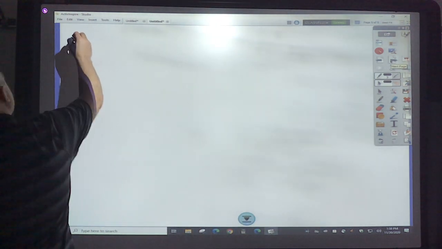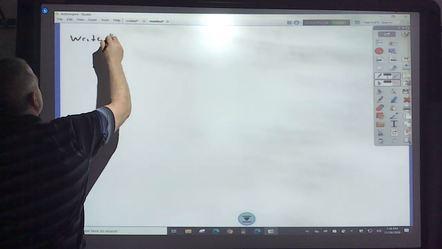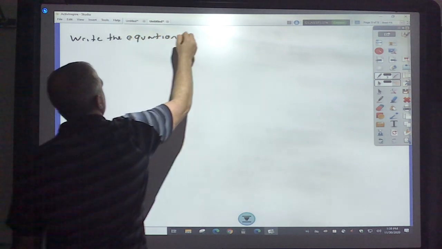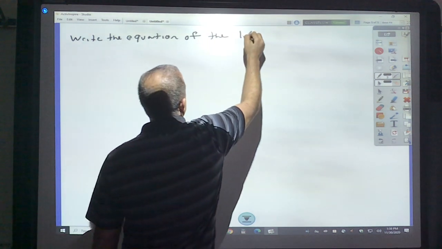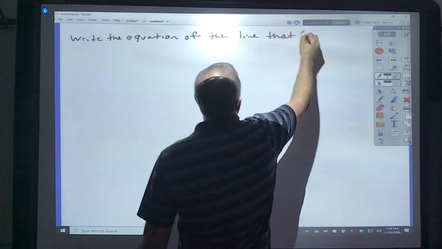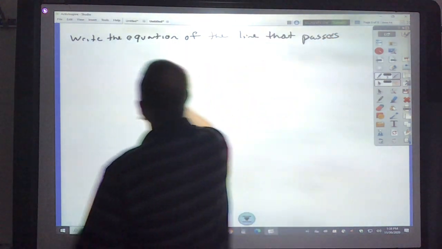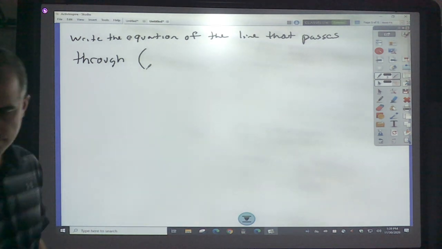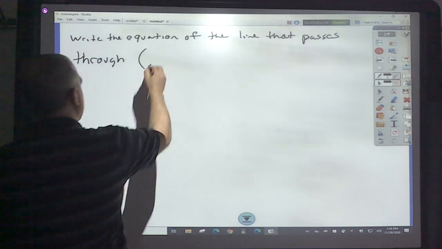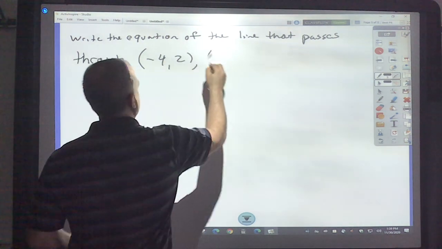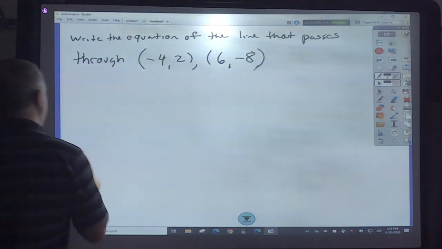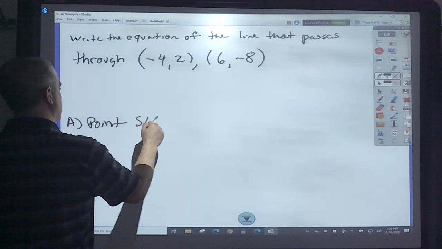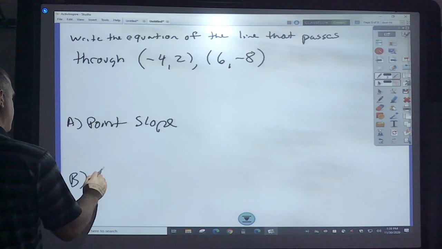We want to write the equation of the line that passes through, let's say, -4, 2, and 6, -8. And we want those in point slope and slope-intercept form.